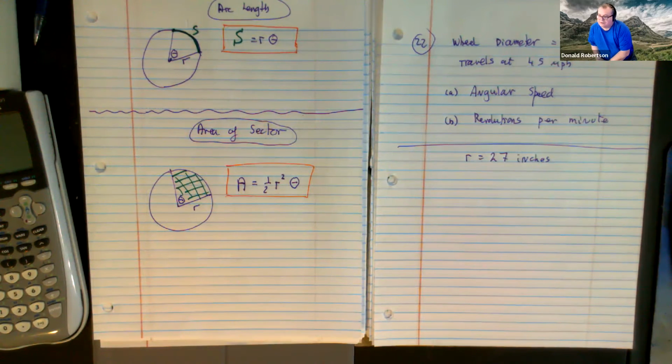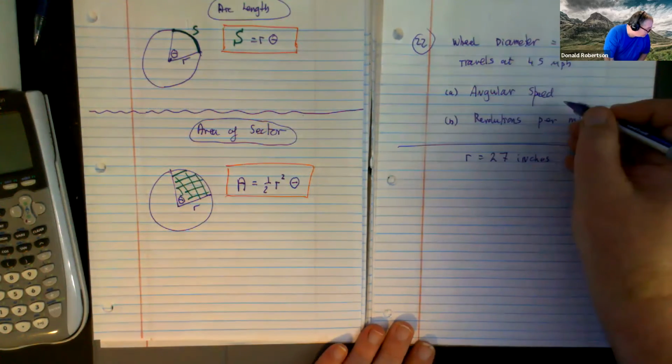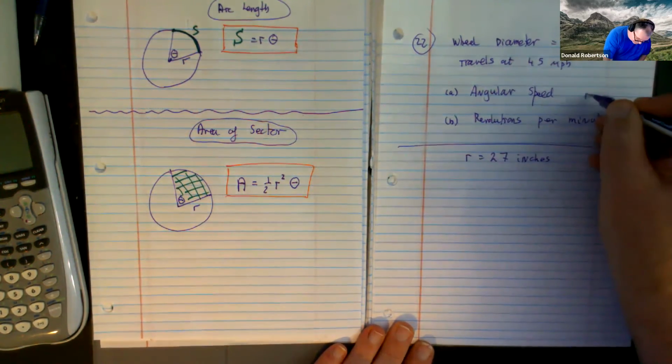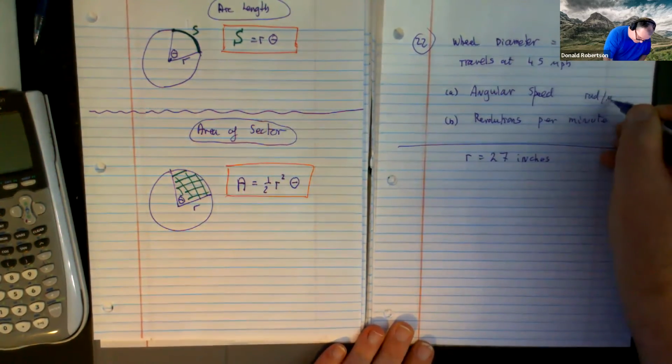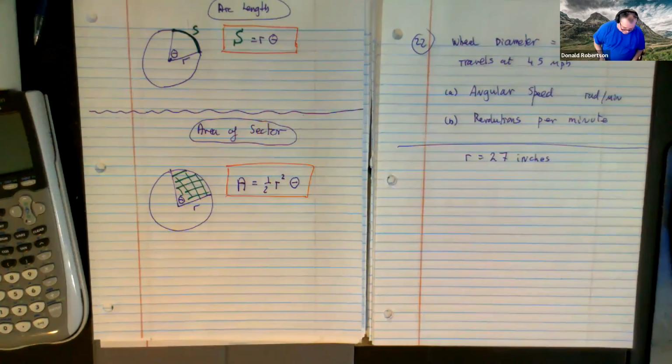So far, so good. Now, if you travel 45 miles per hour, the units are miles, obviously, and hours. And the angular speed, by the way, is in radians per minute. They ask, that's part of the question, so make sure you're in those units.